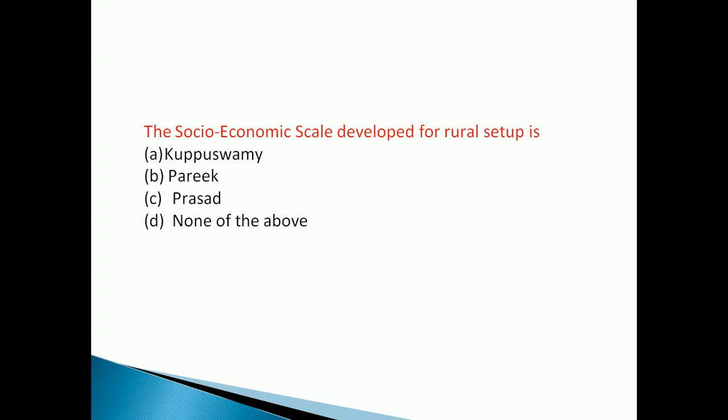If two options are there, as you know Pareek and Prasad both are there, then you have to tick Pareek. Why? Because Pareek is more comprehensive and more validated as compared to the Prasad scale. Okay, so the answer is B.